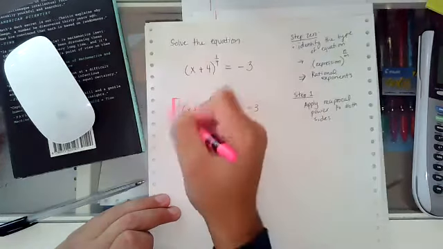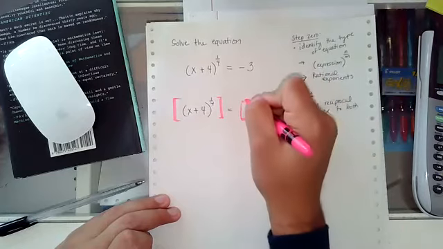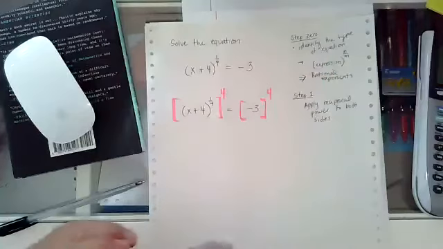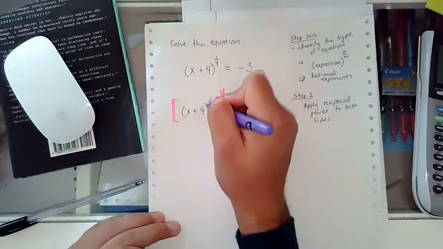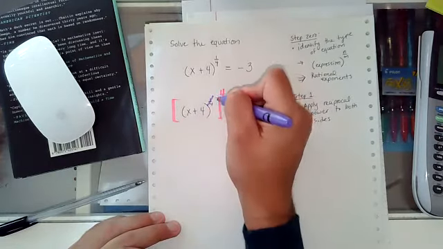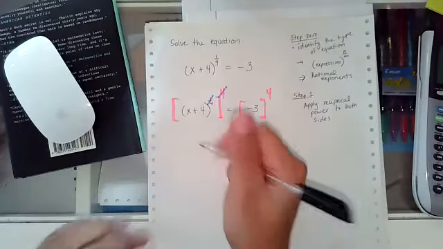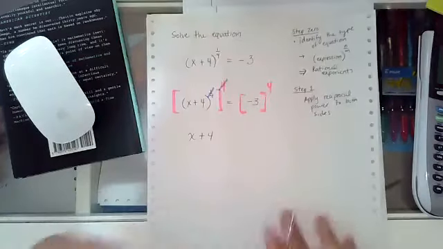But I'm basically putting parentheses around this side of the equation and around this side of the equation because I'm going to raise both sides to the 4th power. Again, why are we doing this? We're doing it because we want to cancel out this exponent with this exponent so that this expression becomes just x plus 4.